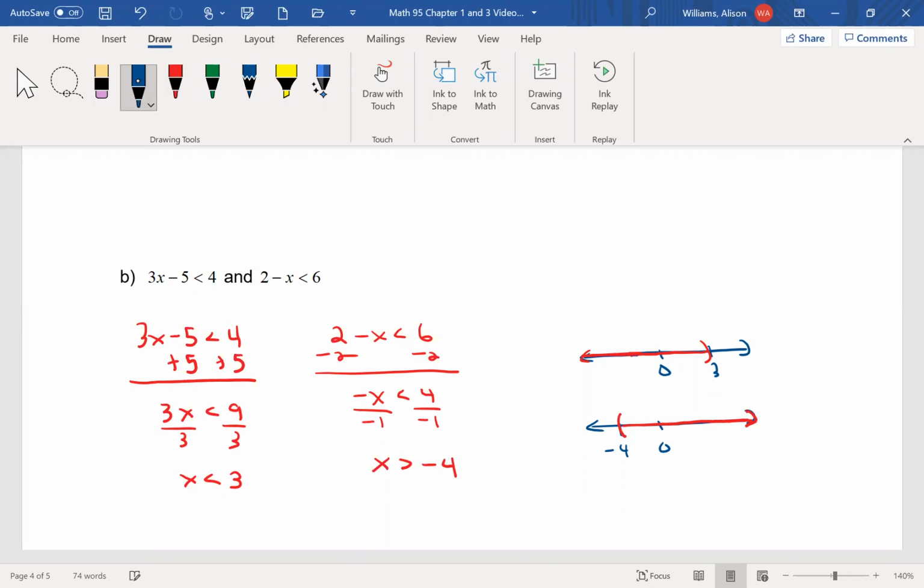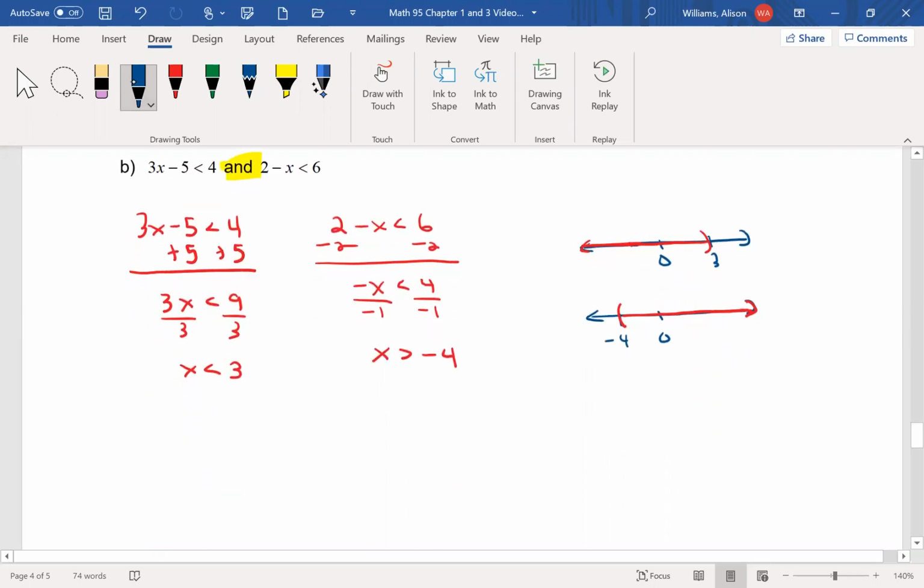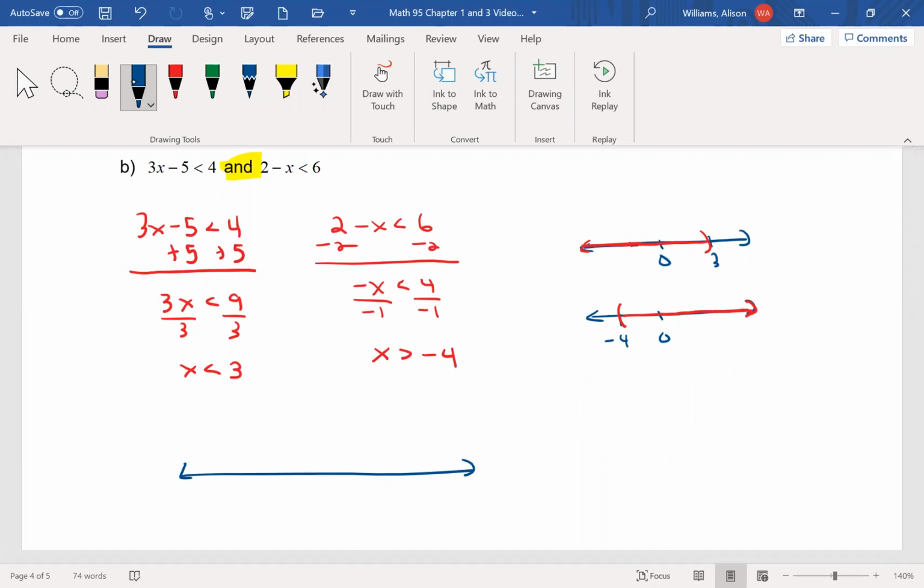So we are looking at an "and" inequality. I'm sorry, not combining: "and" is what they have in common. So we're looking at what these two graphs have in common, and what they have in common are all the numbers from -4 to 3. These are where the graphs are overlapping.